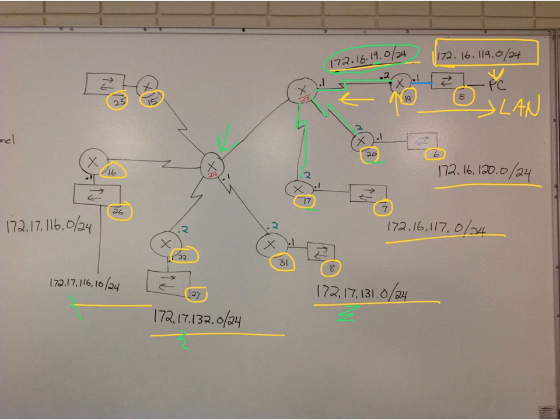So then after the students got their PC hooked up here on the LAN part, and they could ping here, then we configured the addresses here for the WAN part. So they used a 31. So it would be, in this example, right here, it would be 172.17.31.0, and we did these /24.